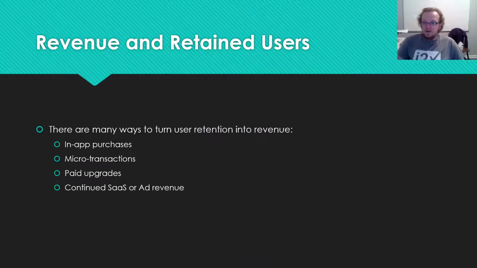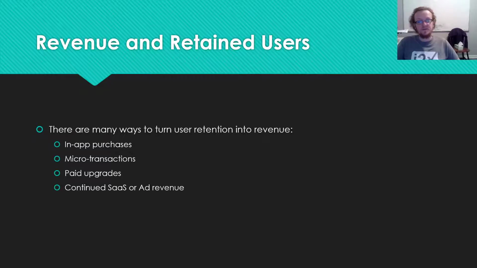There are tons of ways to turn what's called user retention, the number of people that continue to use your application, into revenue. You will recognize many of these. There are things like in-app purchases. Going back to Pokemon Go, if a person is interested in buying essentially fake money for $9 at a time, and your game is good enough, they will pay you $9 potentially 4 or 5 times a week.